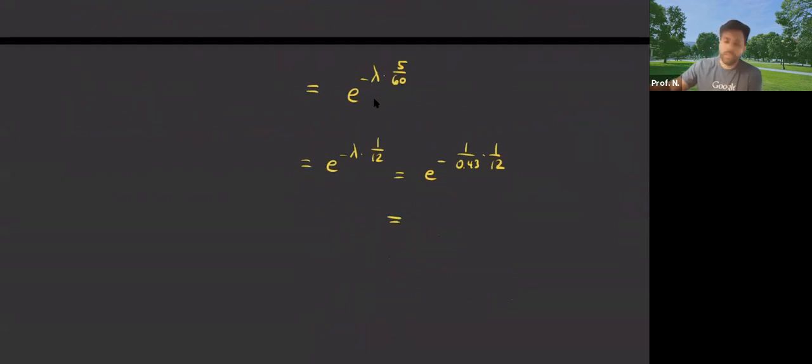So you put that in your calculator, and what do you get? e to the negative 1 over 0.43 times 1 over 12. And I get 0.82. 0.8238 and so on.